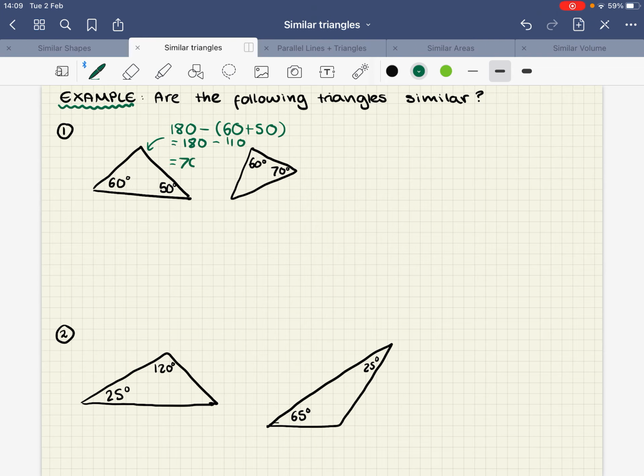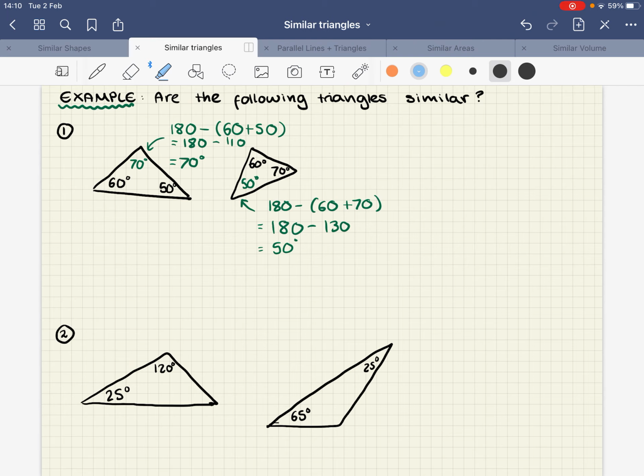So that is just going to be 70 degrees in there. And then down here, that'll be 180, take away the other two angles added together. So 180, take away 130, which would just be 50 degrees.